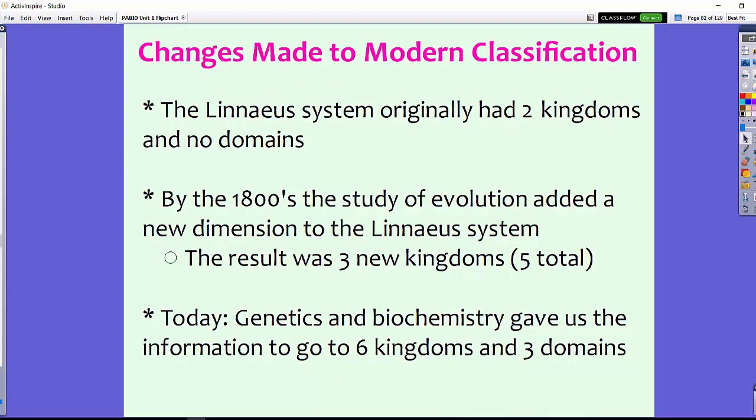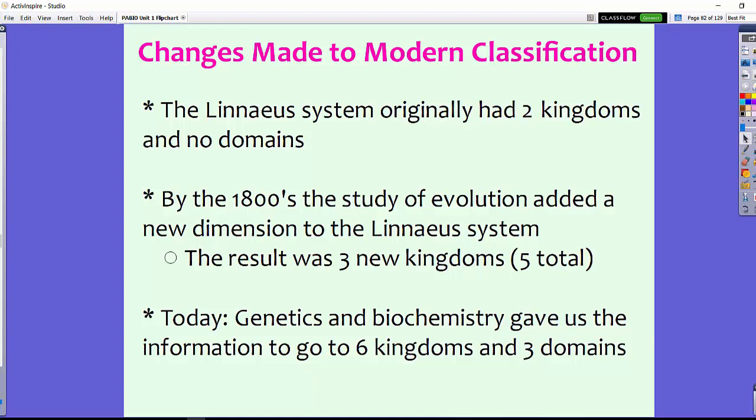There have definitely been changes made since Linnaeus made his classification scheme back in the mid 1700s. Originally he only had two kingdoms, and he didn't have any domains, which is the largest grouping. By the 1800s, the study of evolution and Charles Darwin and all of his studies of the origin of species added a new dimension to the system.